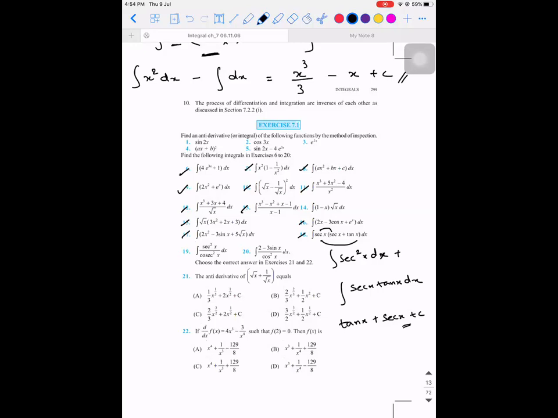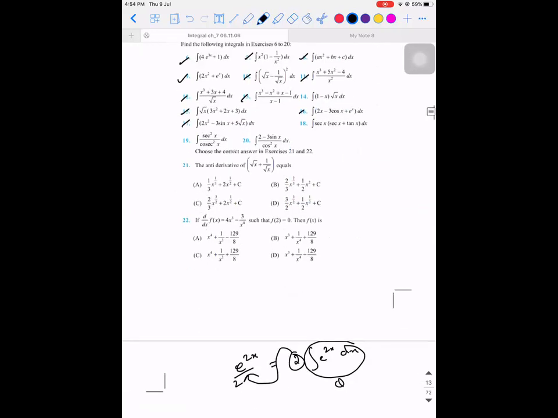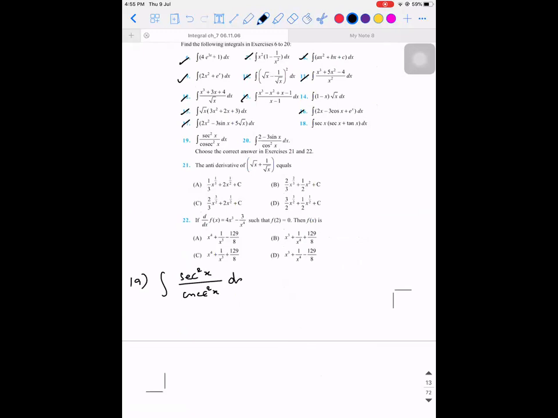So we'll do 2 last problems and then wind up. The 19th one is integral of secant square x divided by cosecant square x dx. We don't have any form of this sort.